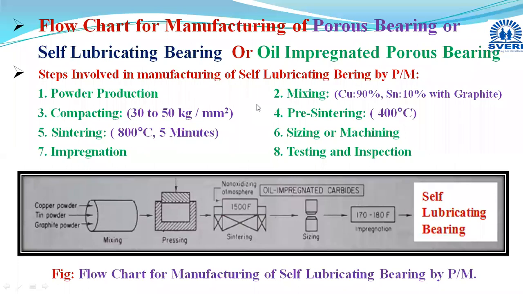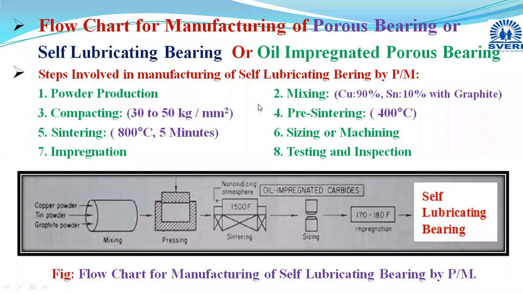Depending on the oil retaining capacity or amount of pores on that bearing, two conditions will be there. The first condition: if the self lubricating bearing manufactured has fewer pores on the surface, then oil retaining capacity is less, but load carrying capacity is more.